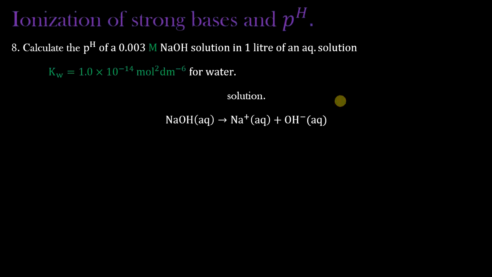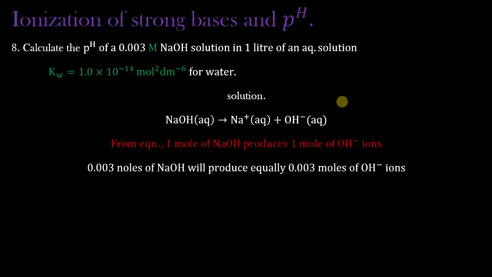Now, that will guide us to find the molar concentration of the hydroxyl ion. Since 1 mole of sodium hydroxide produces 1 mole of hydroxyl ion, it implies that the concentration of the hydroxyl ions will be equal to the concentration of sodium hydroxide, and we can use that to obtain the molar concentration of hydrogen ions.